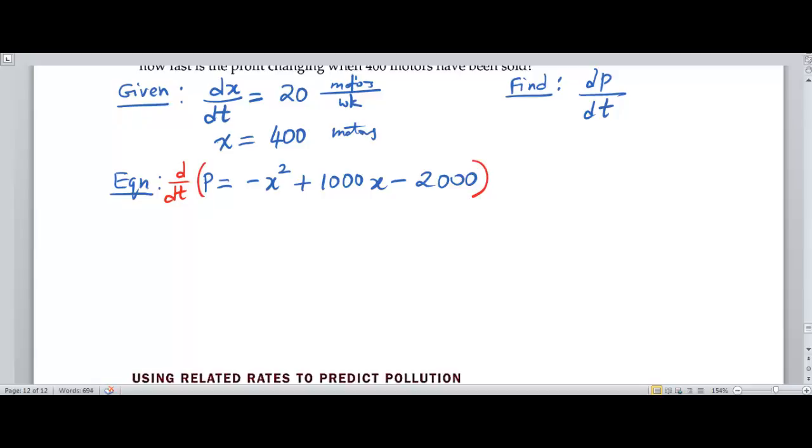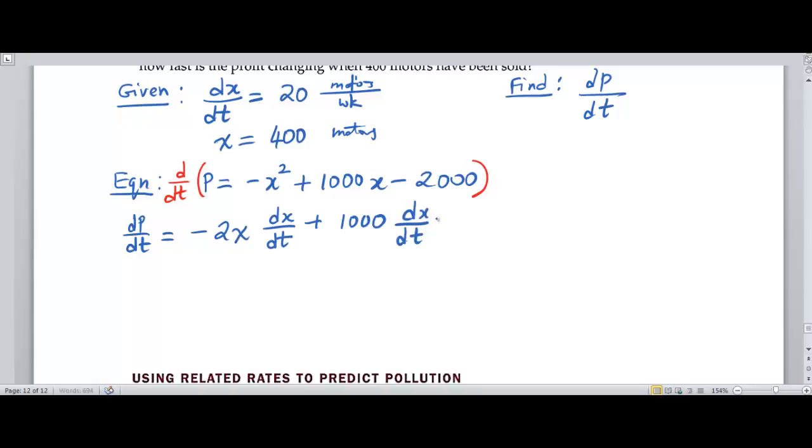Okay. So then I get dp/dt is equal to minus 2x dx/dt plus 1000 dx/dt.